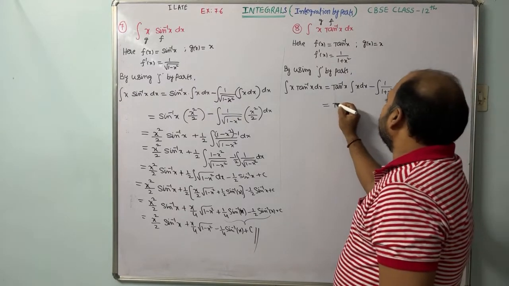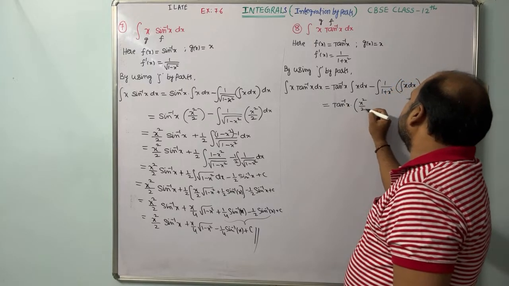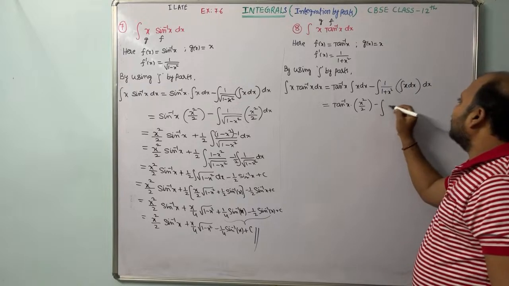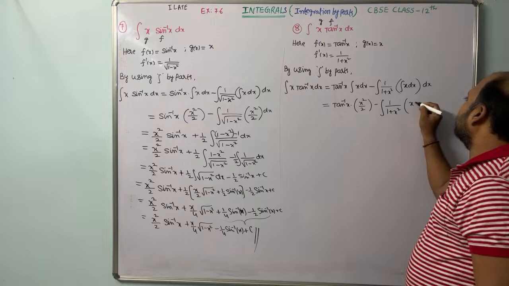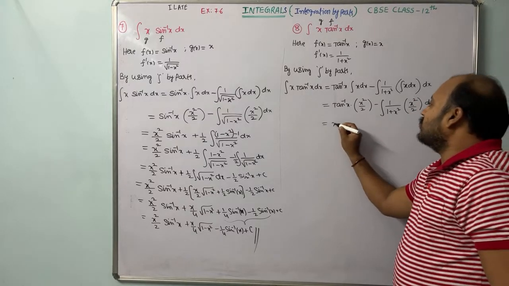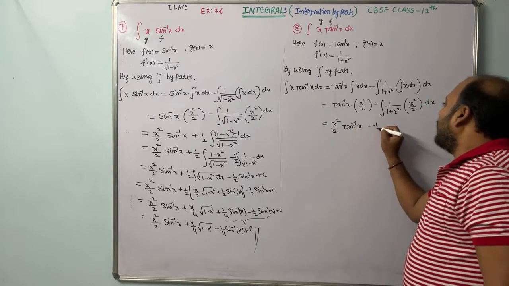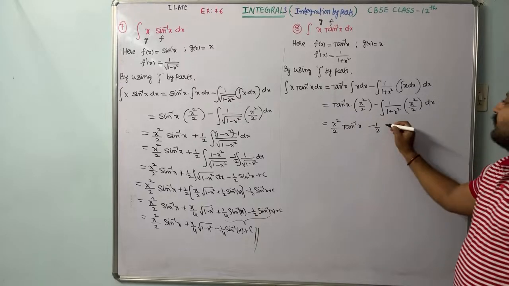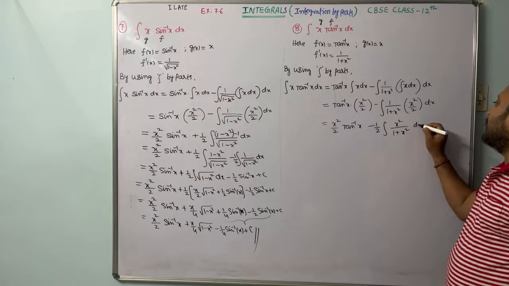This equals tan inverse x times x square by 2, minus integral 1 by 1 plus x square into x square by 2 dx, which is equal to x square by 2 into tan inverse x minus 1 by 2, taking it out, integral x square by 1 plus x square dx.